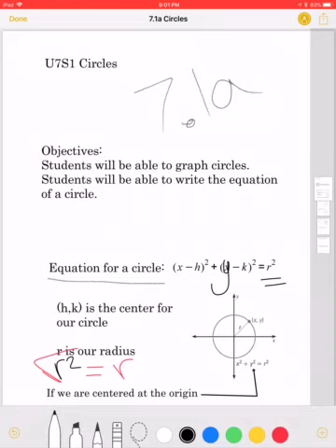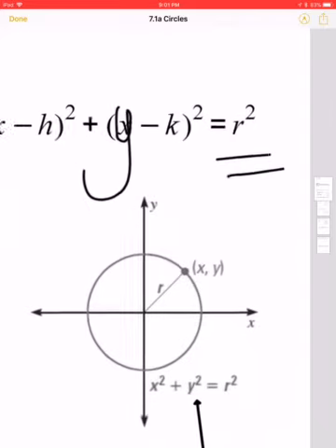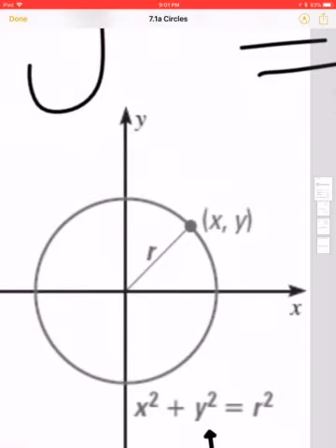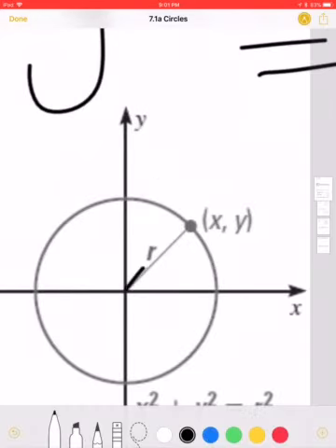This circle is centered at the origin, which is 0, 0, and you can see the r is the distance from the center, and it measures halfway across the circle.